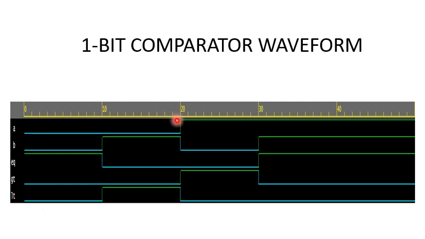Again after 10 time units we have made A 1 and B 0, for which A greater than B, the greater than signal should be high and the other two are 0. And finally #10, that is 20 plus 10, at 30 we have made A and B both 1, 1, for which again the equal signal will be high and the other two will be low.